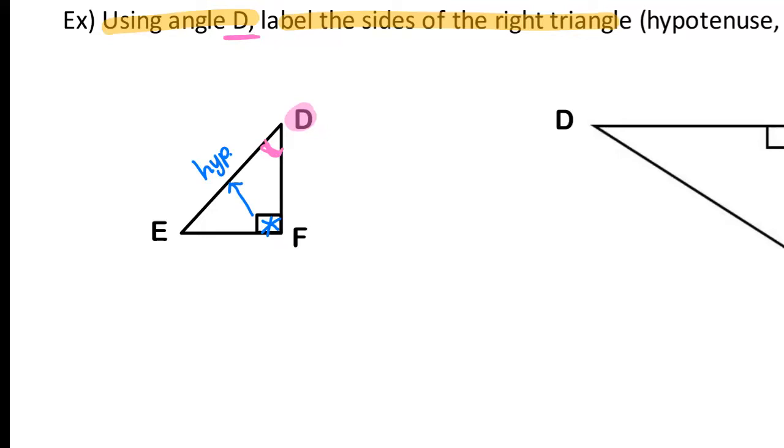And then directly across from the angle is the side opposite angle D. Which then leaves us with the other side, the side DF. Side DF would be the adjacent side because it's next to the angle D and it's the side that's not the hypotenuse.